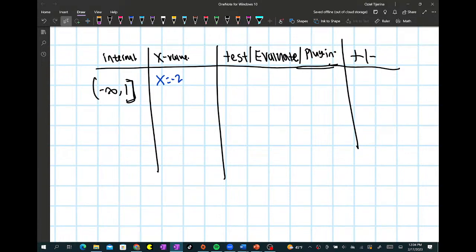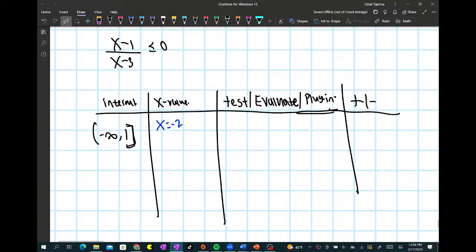If you guys don't understand the difference, what I'm trying to say is that just because I'm picking x equals 0, it has nothing to do with the less than or equal to 0 part. This 0 here has nothing to do with the x equals 0. If I do pick x equals 0, that has nothing to do with it.